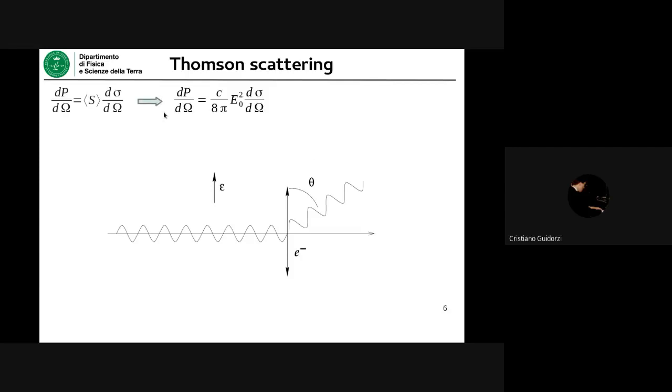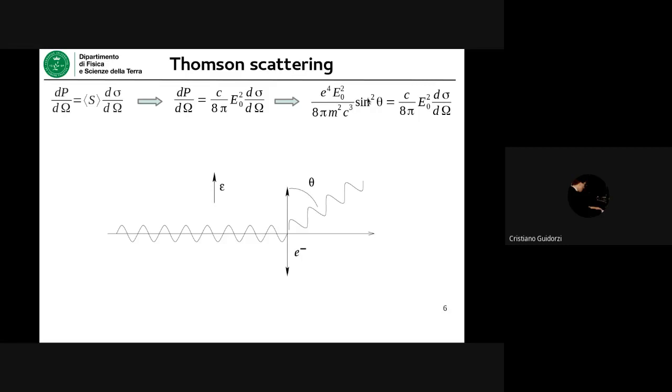In particular, I just replaced the average value of the Poynting flux with what we obtained a couple of slides ago. We found that the average value for the Poynting flux is just c over 8 pi E0 squared. But we also know dP over d omega. If you get back, you see that dP over d omega is just e fourth E0 squared over all this, times sine squared theta.